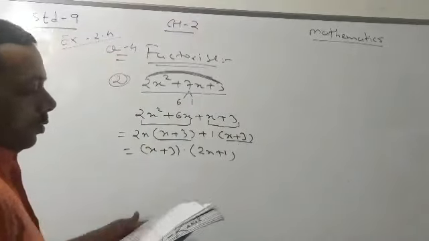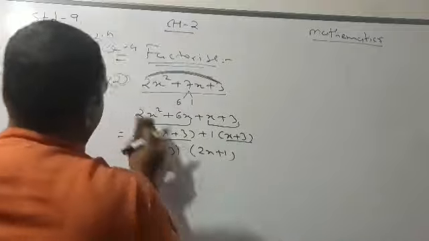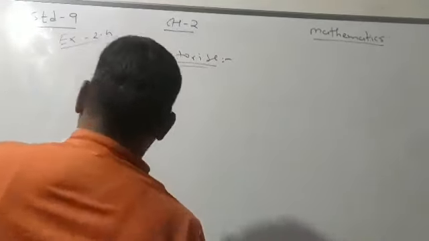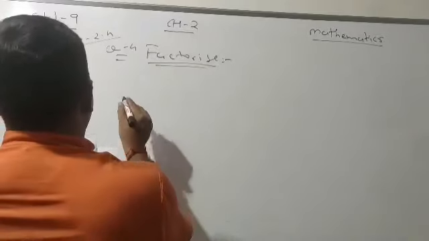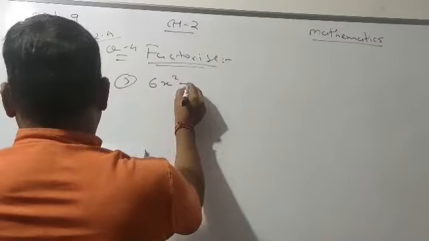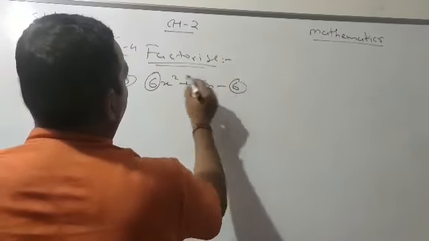So what exactly do we have to do? We have to split the middle term in such a way that we get the answer in either addition form or subtraction form. Now we'll solve the third sub question: 6x square plus 5x minus 6. Now tell me the product of these two.